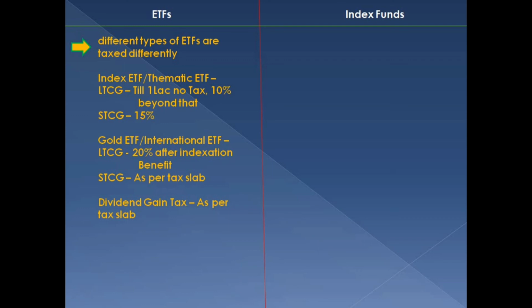In ETFs you also get dividends, and any dividend you get will again be taxed depending on your tax slab. So this is how ETFs are taxed. You have to check which ETFs you are buying, and according to that it will be charged.